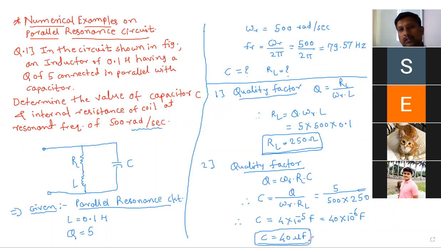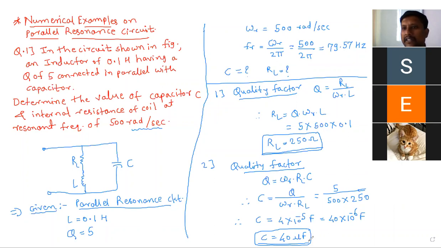If you know how to find the asked parameter by using the different available formulas, then you can easily find the answers. Such problems they can ask for 4 marks. So read all these points so that we can move towards the second example, and after that we can stop.